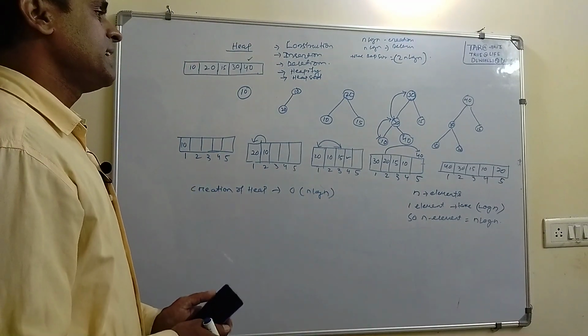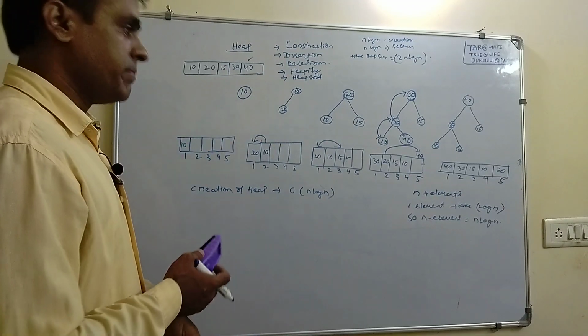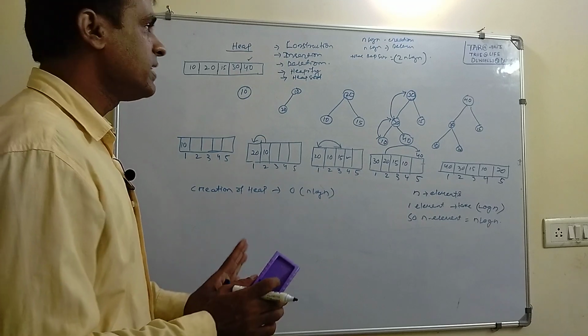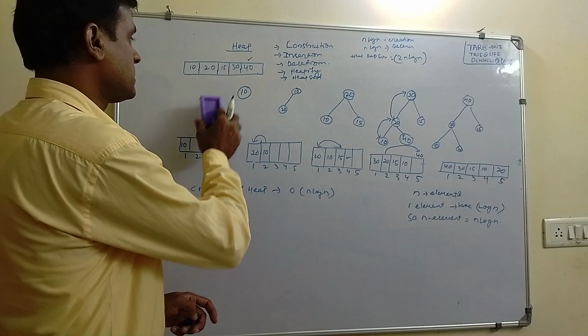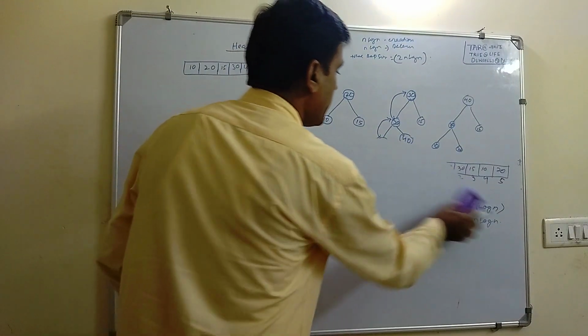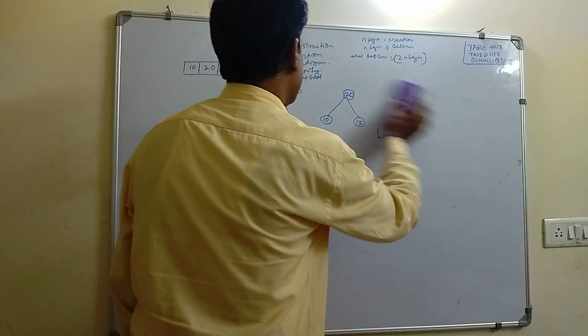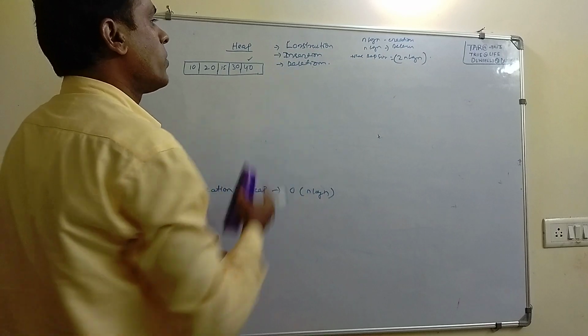Now the question is, after creating the heap, when you delete an element, how could you delete the element? I already told you the deletion process. Now let me explain again the deletion process of a heap and how we will delete. After insertion, we are going for deletion.